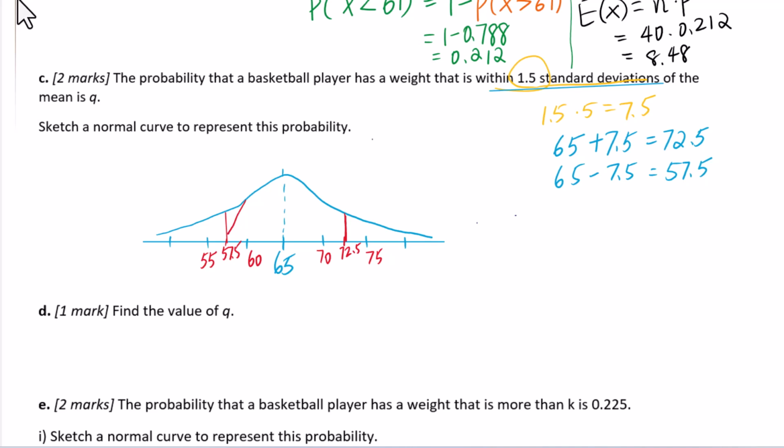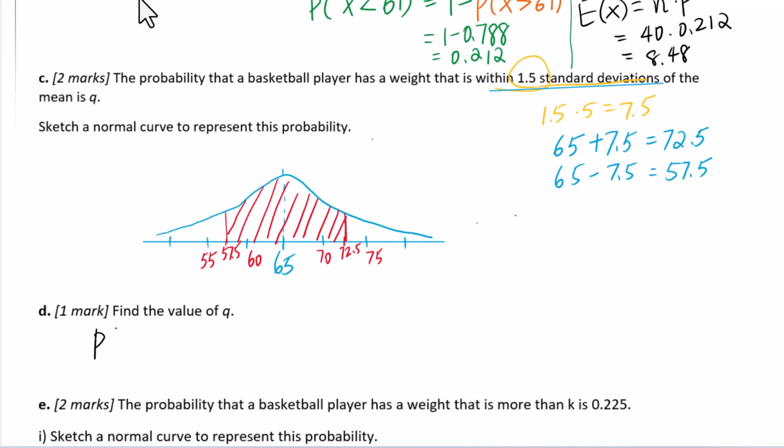Then shade the area between 57.5 and 72.5.